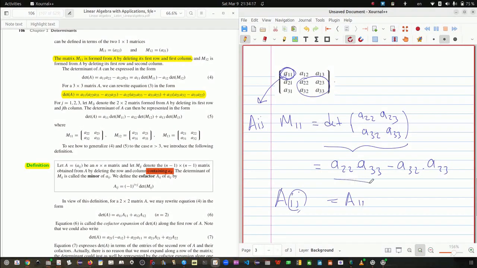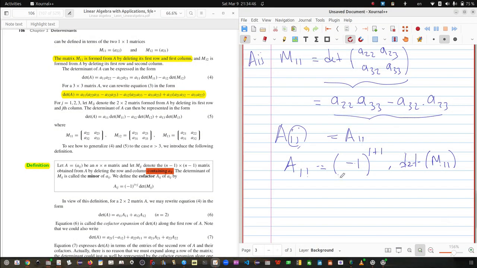The minor is defined here, and the sign will come. Let's make the sign first. Aij in this case, 1, 1, is equal to minus 1 to the power i plus j, 1 plus 1, times the determinant of Mij, M11.